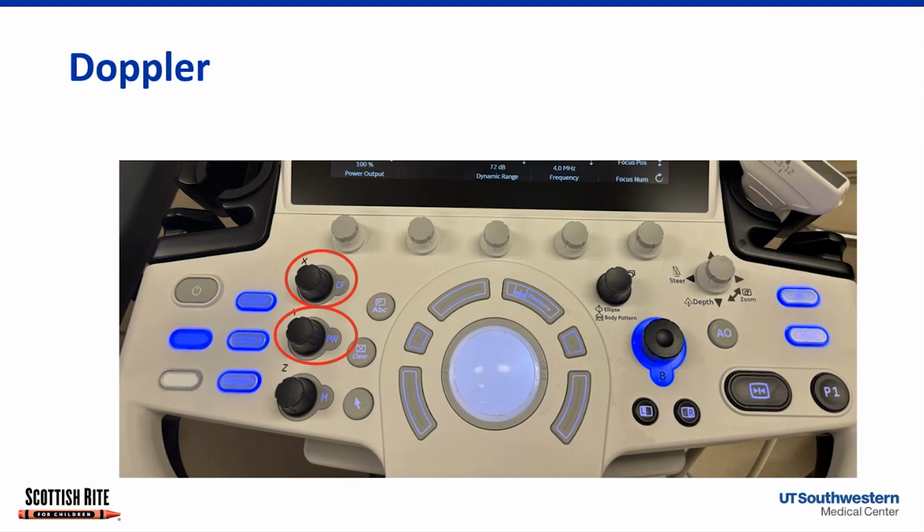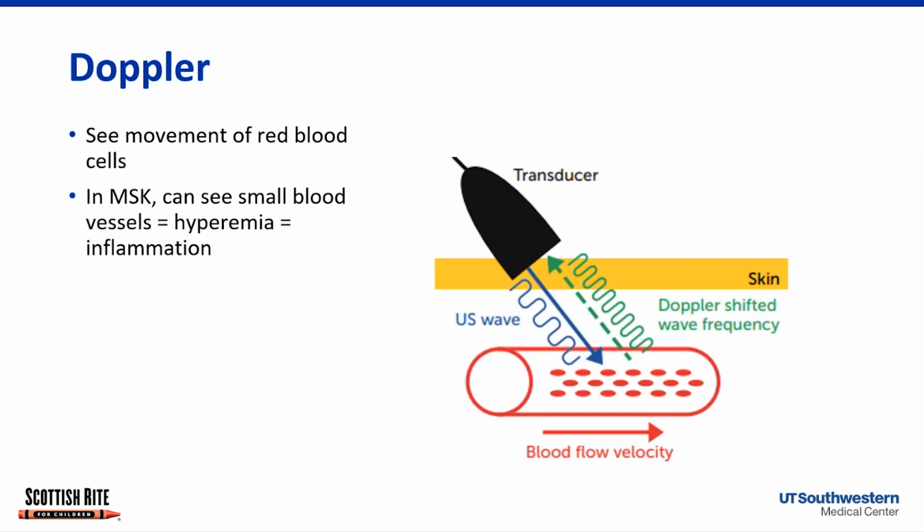So Doppler. Right, so what is Doppler? Doppler actually sees the movement of red blood cells. Red blood cells emit a certain wave frequency, and the ultrasound waves can pick up on that, okay? What that means is for MSK structures, we can see blood flowing to the area.